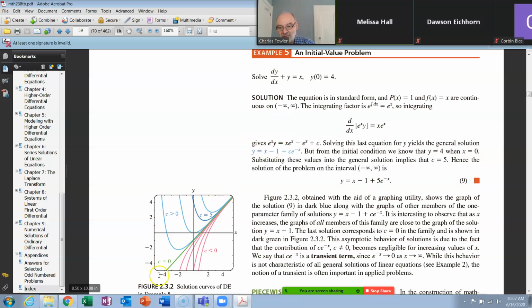It takes over, and you almost ignore it, though you don't really ignore it because it's pulling things down to the c equals 0 line. That's why this last term, 5e to the minus x, would be your transient term. Once you get past a certain level, that loses all meaning, and you're left with y equals x minus 1.